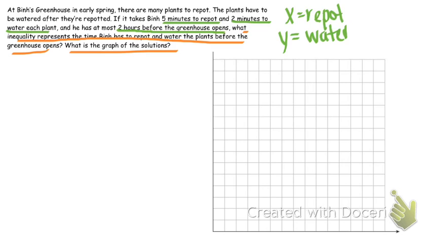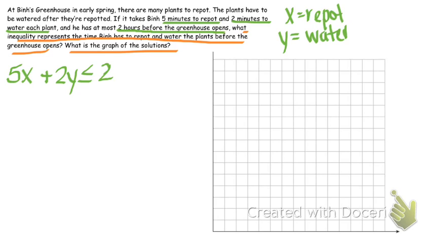So then, if this is the situation, it's going to take him 5x, because that's his repot, plus 2y, that's his watering, and he has at most 2 hours. So he can't go over 2 hours, but he can be equal to 2 hours, but no more.